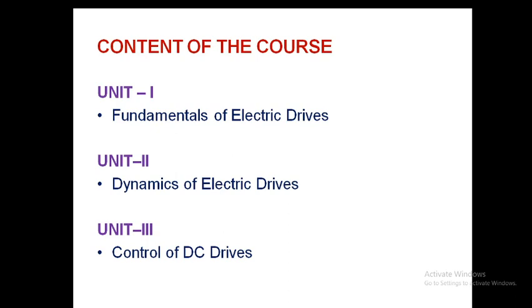Again, by using this chopper, control of DC drives, chopper control of separately excited as well as series DC motors. For that, two quadrant as well as multi-quadrant operation, that is all four quadrants of operation: forward motoring, forward braking, reverse motoring, and reverse braking operations we'll see.